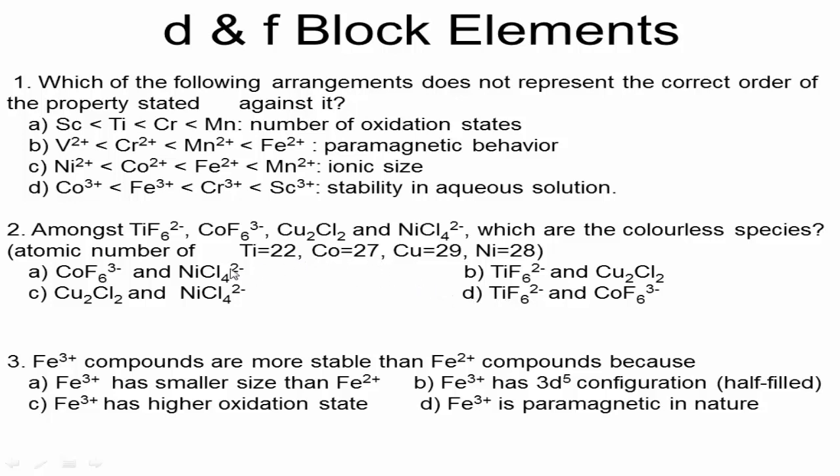When we observe the problem, in TiF6 2 minus, here titanium oxidation state is +4. Remember, Ti is in +4 oxidation state, and in Cu2Cl2, copper's state is +1. Hence, in both cases, transition from one d orbital to another is not possible.